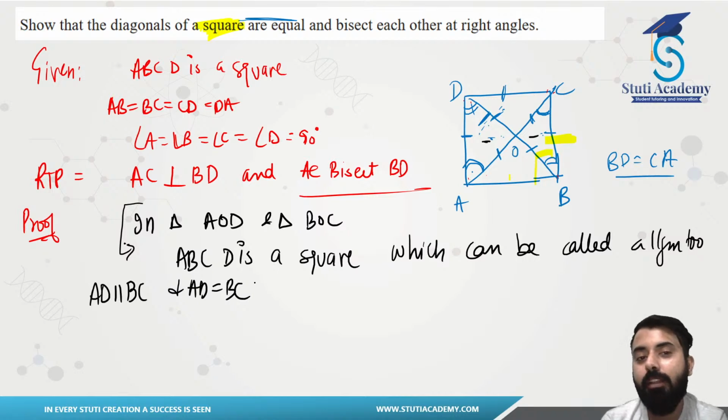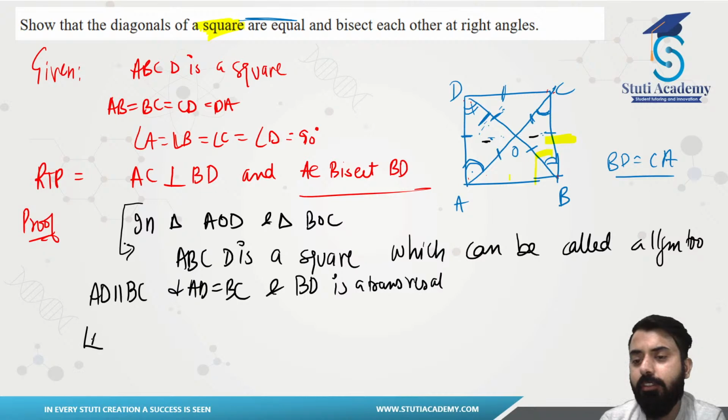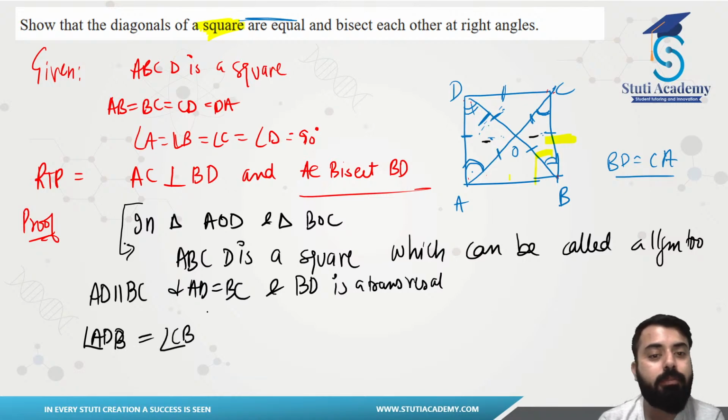So if AD is parallel to BC and BD is a transversal, then can I say this angle ADO, or you can say ADB, choice is yours, will be equal to angle CBO or CBD, choice is yours. You can name them accordingly. See, ADB, CBD, both will be equal, alternate interior.